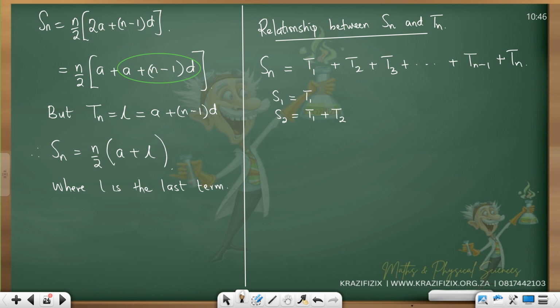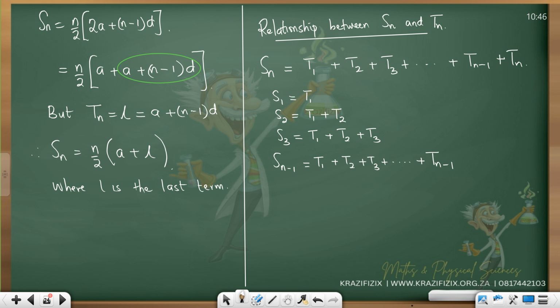T1 plus T2, because I'm saying add 2 terms. If I say S3, it is T1 plus T2 plus T3, the sum of the first 3 terms. What if I then say S(n minus 1)? What will it be? T1 plus T2 plus T3, and that will continue until T(n minus 1).